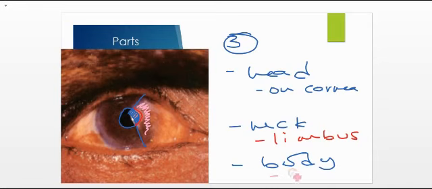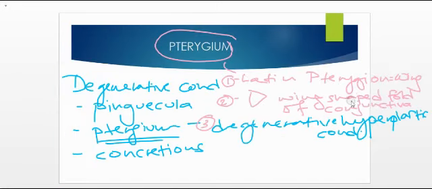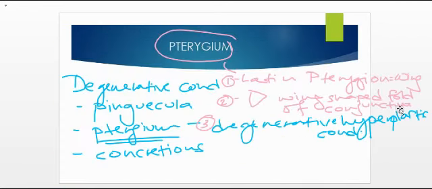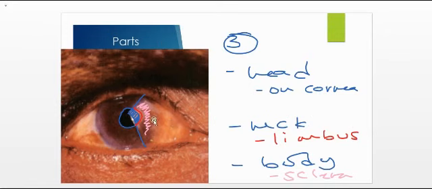Something I should have mentioned in the first slide itself: this wing-shaped fold of conjunctiva encroaches onto the cornea, that means it grows onto the cornea, blocking the pupillary area. I hope you understand it.